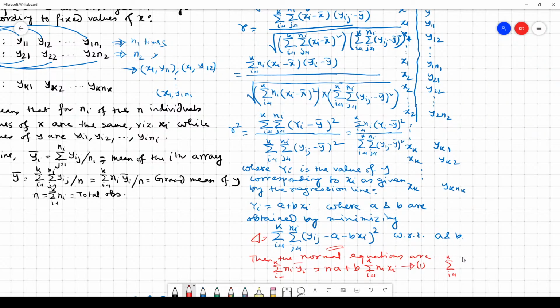Then you get sum over i from 1 to k of ni xi yi bar equal to a sum over i from 1 to k of ni xi plus b sum over i from 1 to k of ni xi square. Okay, I denote this by equation number 2.